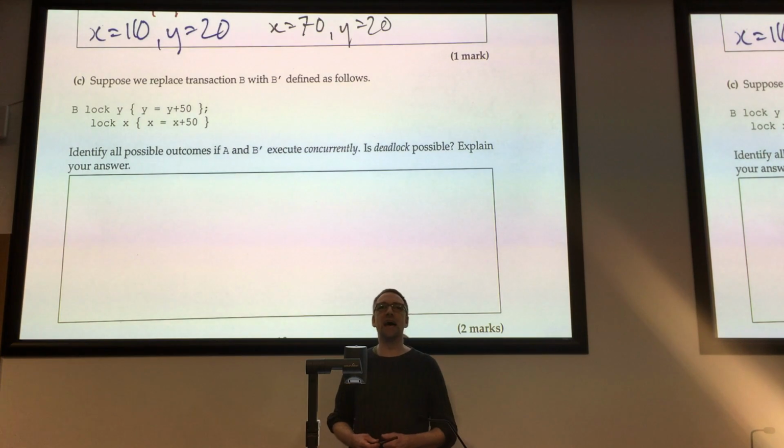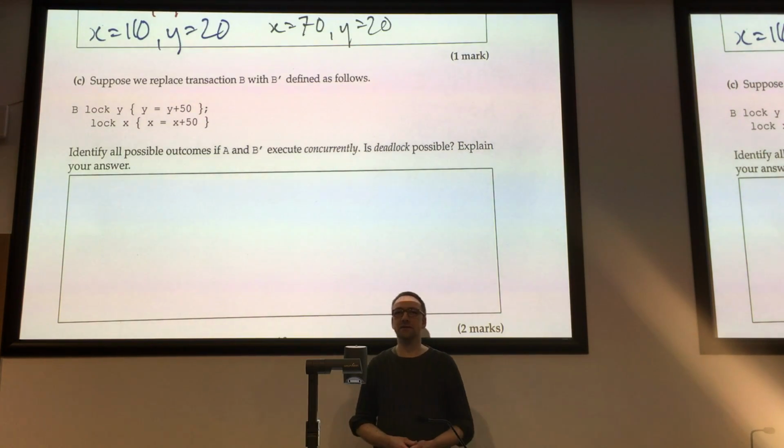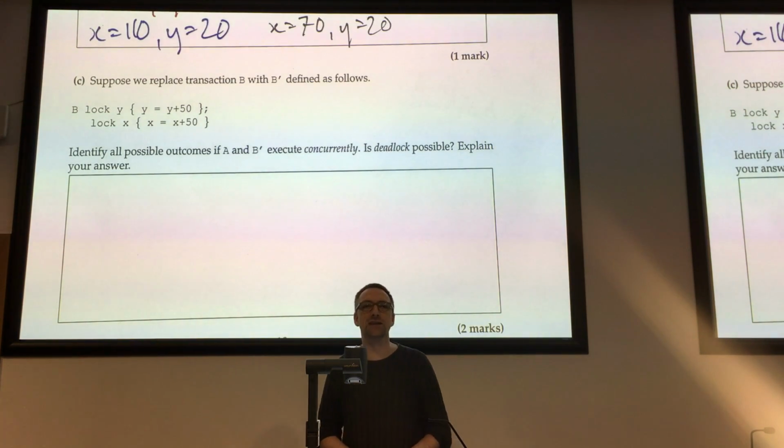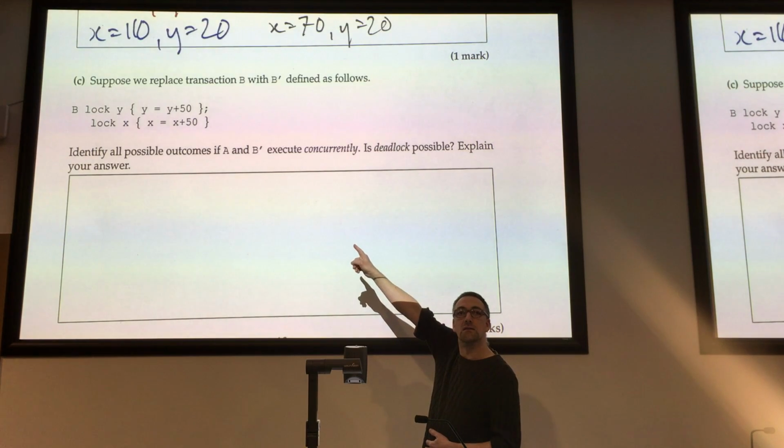First of all, can deadlock happen? This question has been designed to fool you into thinking that deadlock might happen, but it can't. Why not? Look at where the curly braces are.